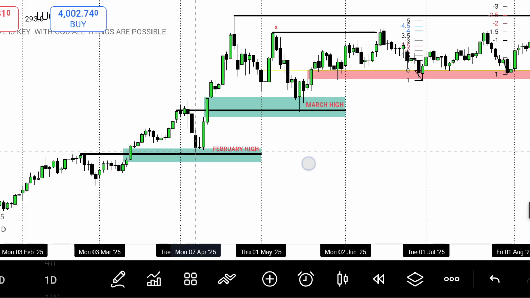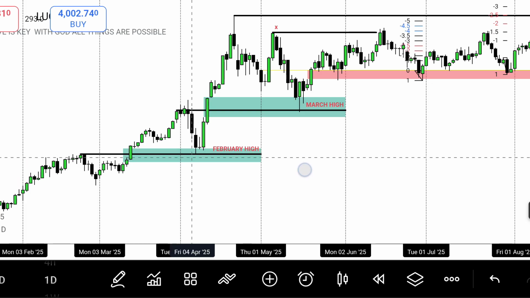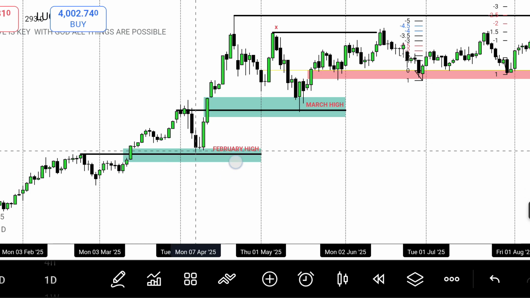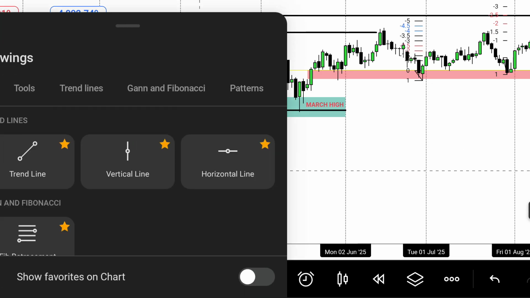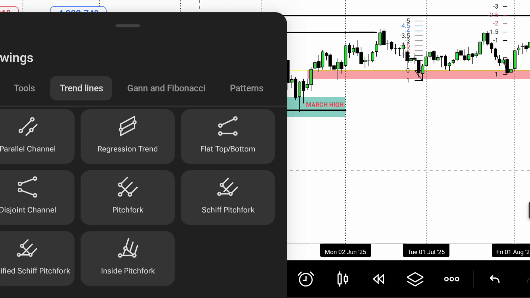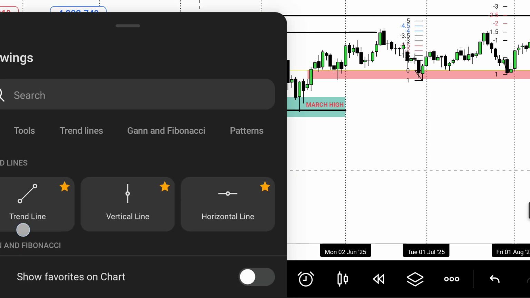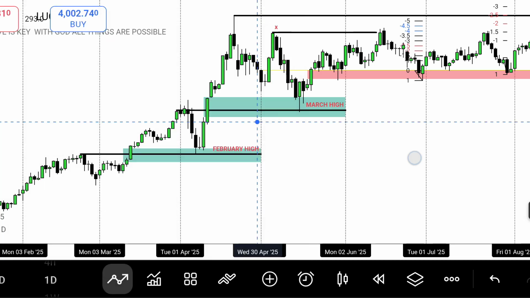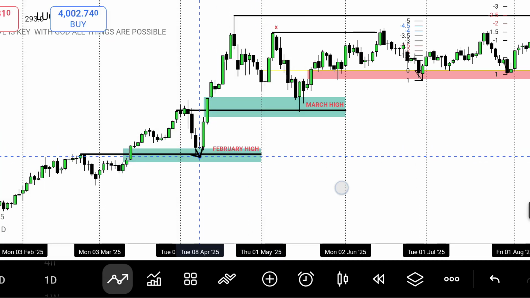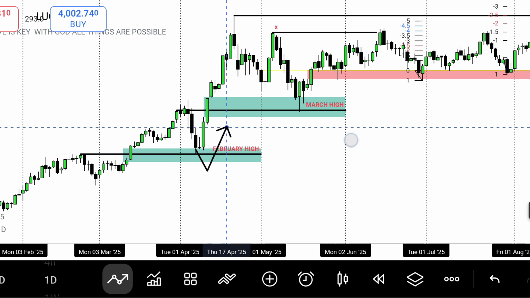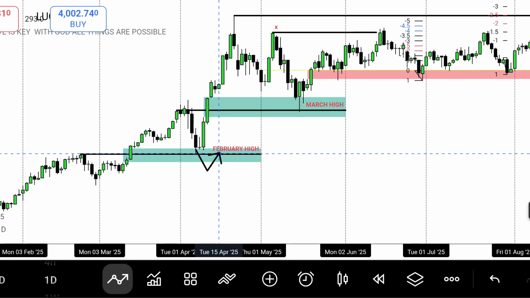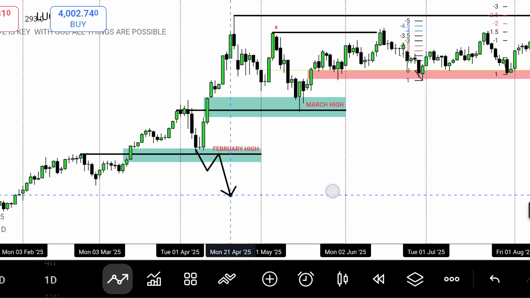Because if I saw displacement through this February high and we see price go to the downside, okay, let me use these tools. If price had traded below, I would have been expecting either we return above it, or we find rejection here and we see price trade to the downside.